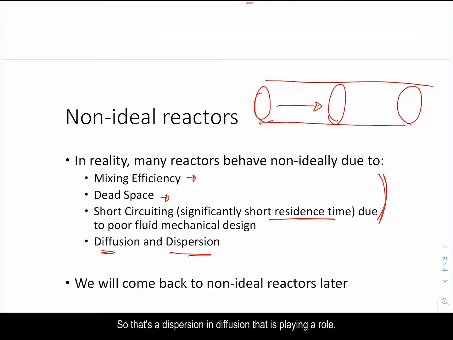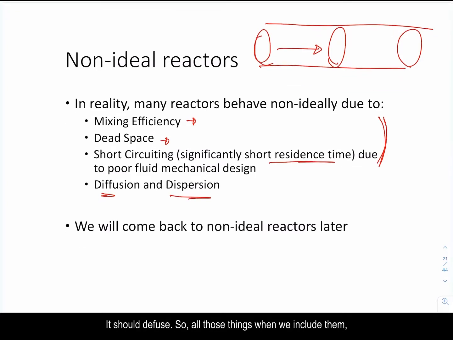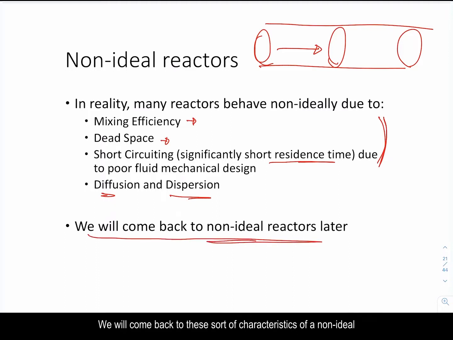So that's dispersion and diffusion playing a role. Same thing, any chemical that you have within the reactor should have a natural tendency, due to thermodynamics, to diffuse, right? So when we include all those things, they might not necessarily always behave like an ideal reactor. But we will come back to the characteristics of non-ideal reactors and also diffusion and dispersion later, right? But not today.